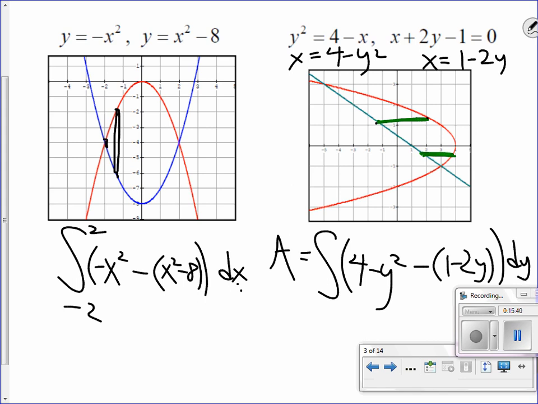Limits of integration. The smallest y to greatest y of the region. Smallest y coordinate to the greatest y coordinate. Negative 1 to 3. Was anyone thinking negative 5 to something? No?